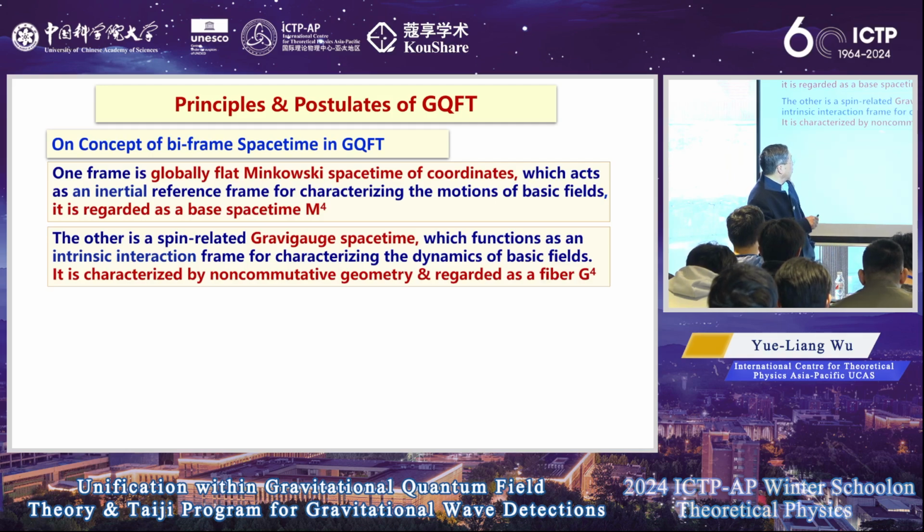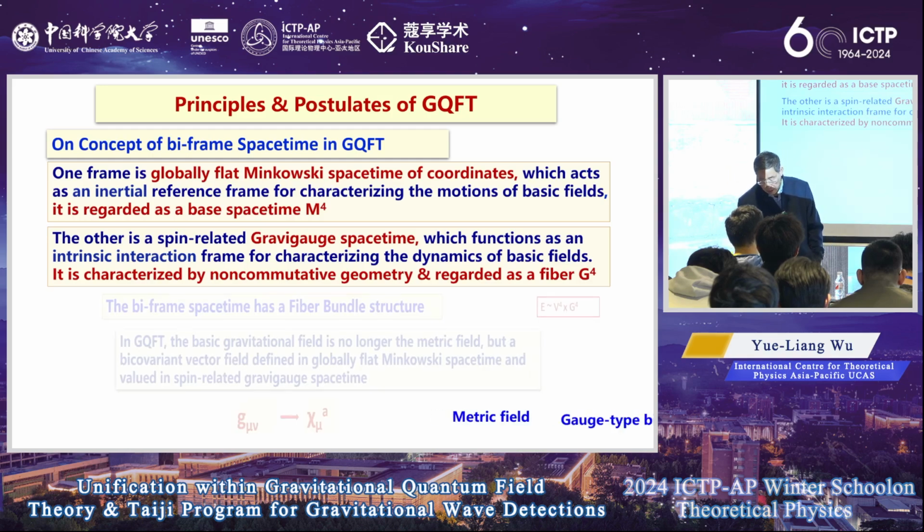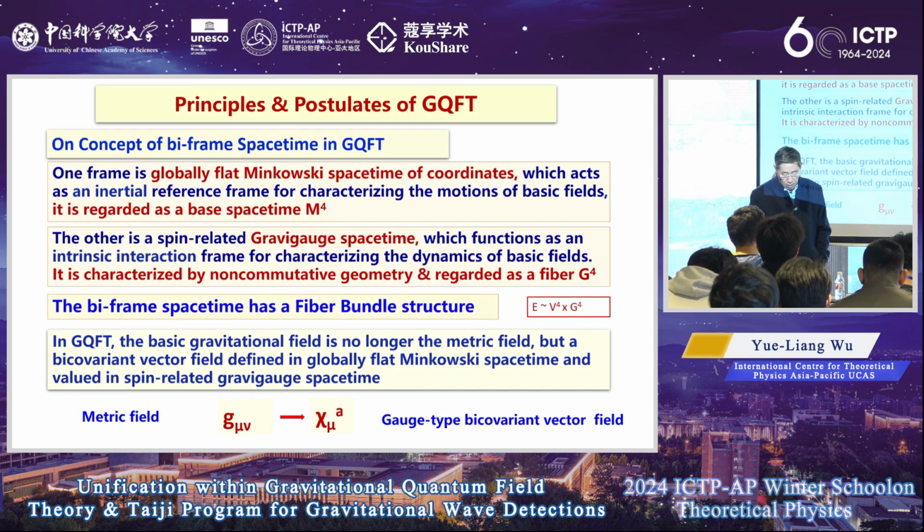This locally flat, non-coordinate spacetime is spin related, and we will see it is noncommutative geometry. That noncommutative property describes the gravitational effect. So in this spacetime we have to introduce the bicovariant vector field. In the coordinate spacetime the vector is labeled by the index mu, and this index A is in the spin-related spacetime, the gravity gauge spacetime.